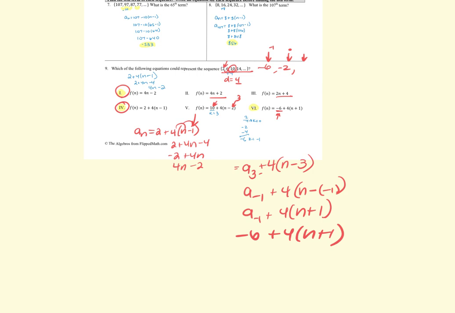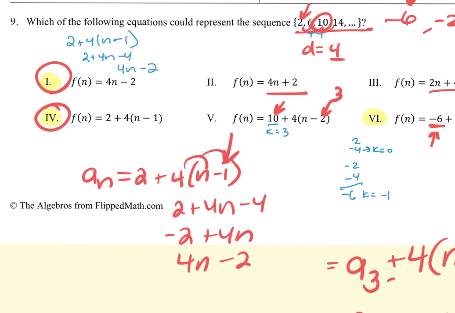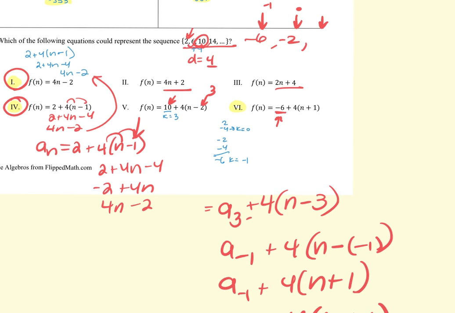You also could have distributed all of them and seen if it gave you the same thing. If I just distribute this out, I'd get 4N minus 2. That matches, right? If I distribute this out, I get 4N minus 2, and that also matches.